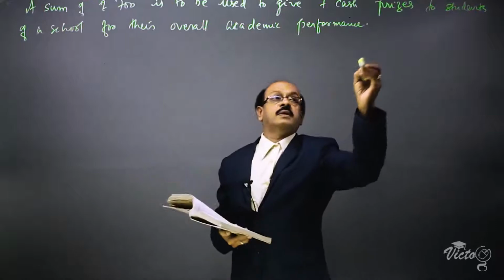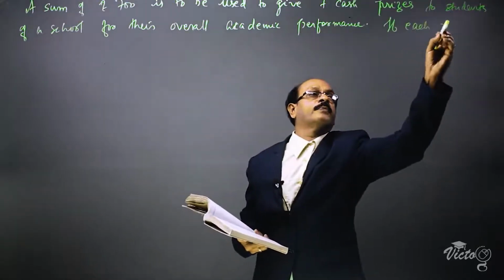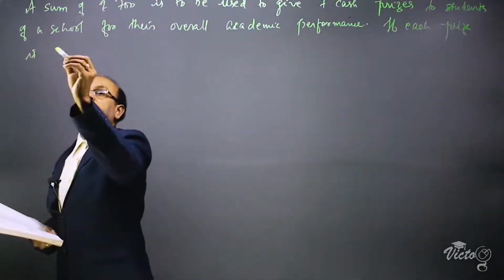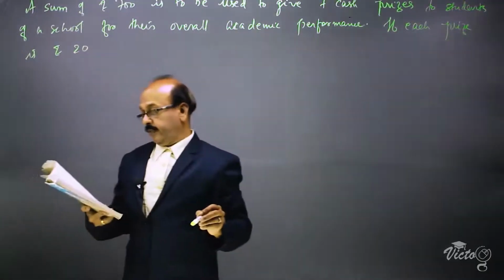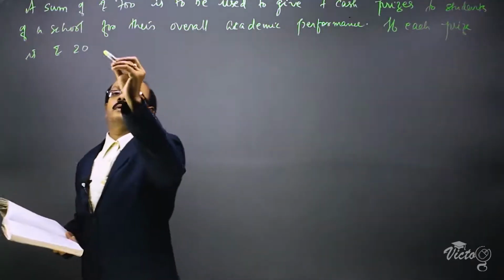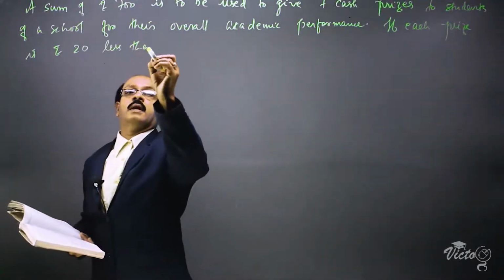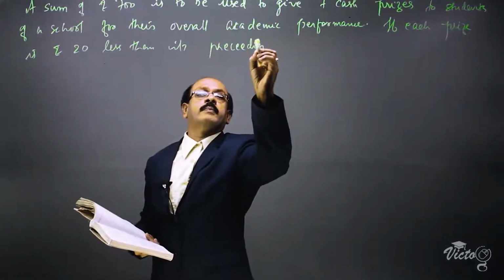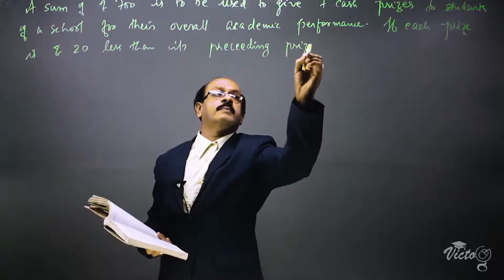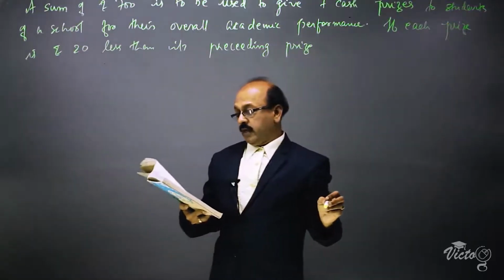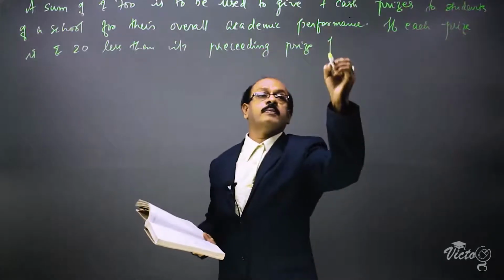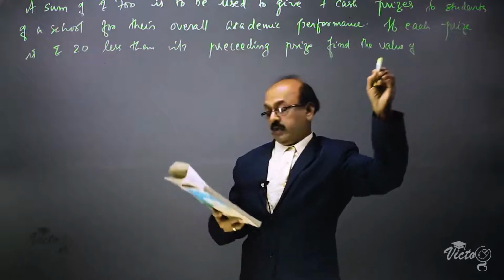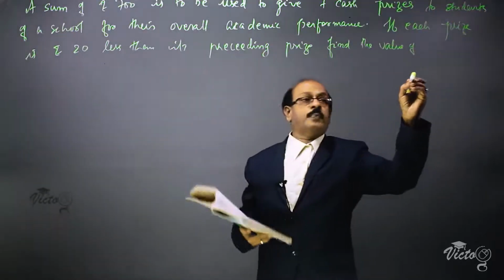If each prize is rupees 20 less than its preceding prize, find the value of each of the prizes.